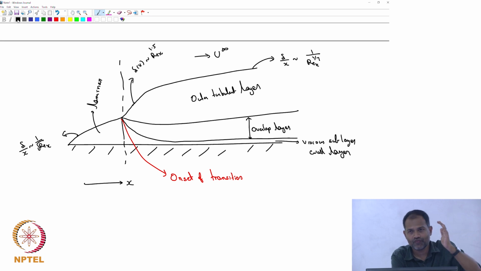It's x to the power of 1.5, and then much further down it will be delta by x is 1 by Rex to the power 1 by 7. So delta will go as x by x to the power of 1 by 7. So it's x to the power of 1 minus 1 by 7, which is 6 by 7. So that's how the growth is going to be.